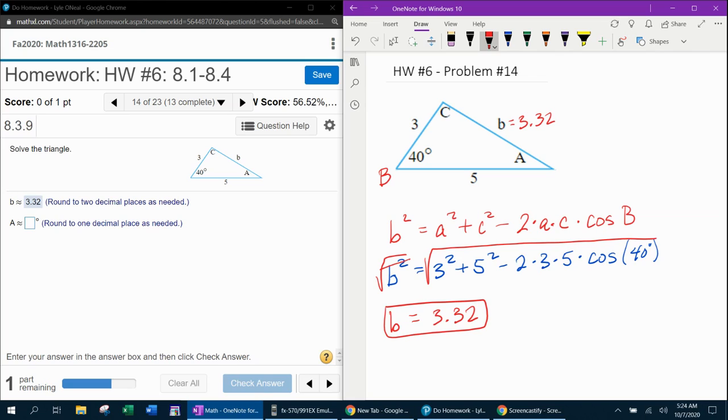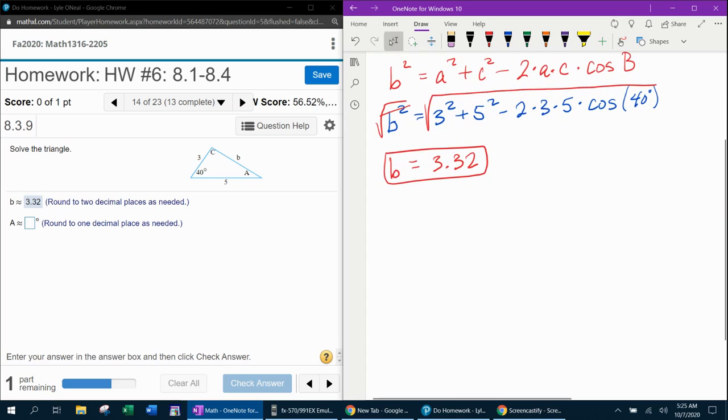So if I want to, I can use the law of sines because now I know an angle and the side across from it, or I can use law of cosines again with knowing all three sides. Which would you rather do? Okay, I agree. Since we're doing law of cosines, let's go ahead and practice law of cosines.